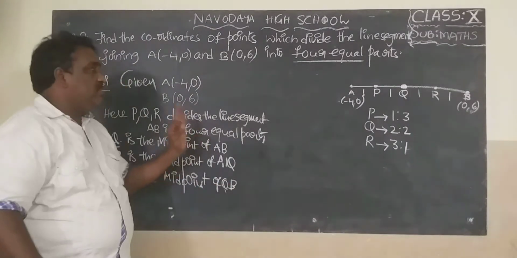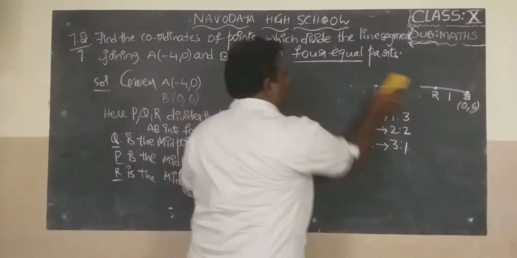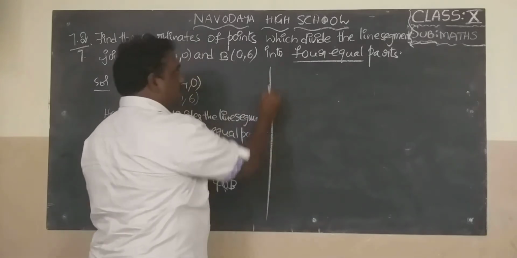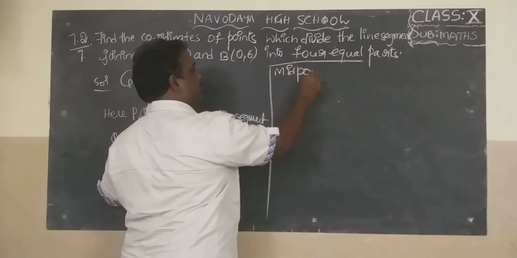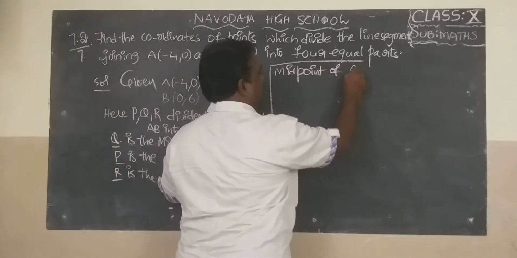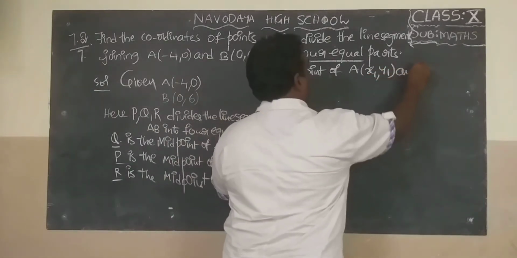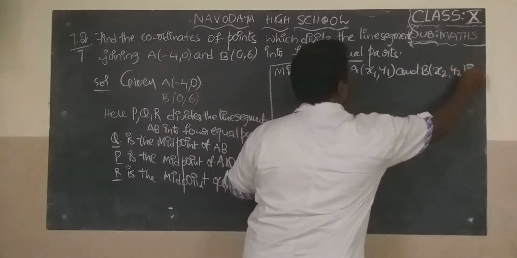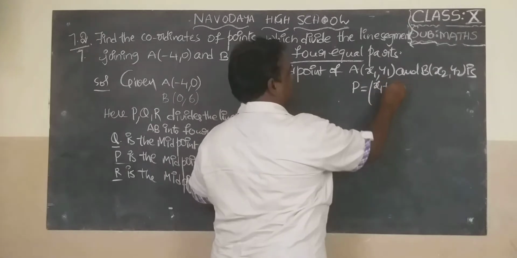Then write the midpoint formula. What is the midpoint formula? The midpoint of A (x1, y1) and B (x2, y2) is P equal to x1 plus x2 by 2.